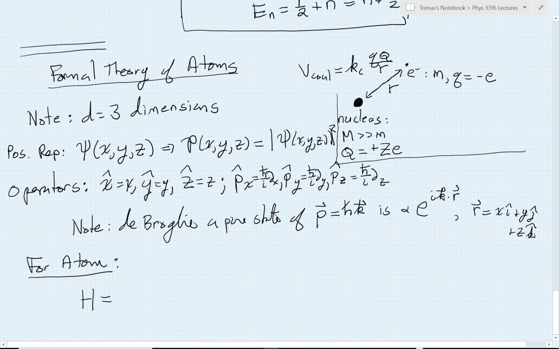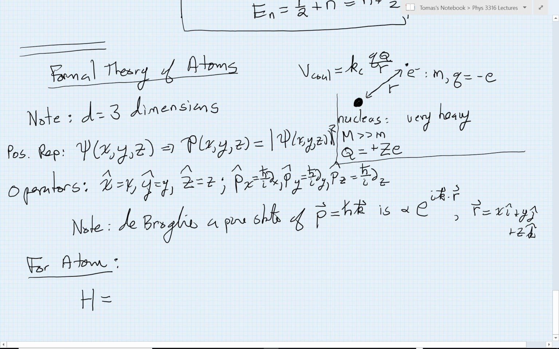The nucleus is very heavy. Because it has a much larger mass, much like the sun at the center of the solar system, when we analyze the orbits of the planets, we really ignore the fact that the sun is moving also.